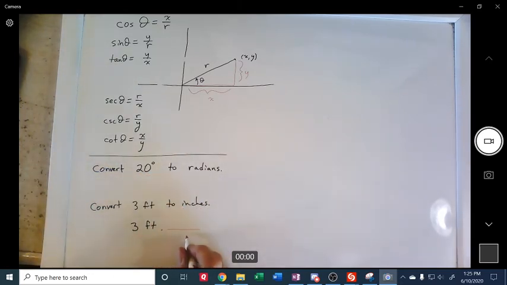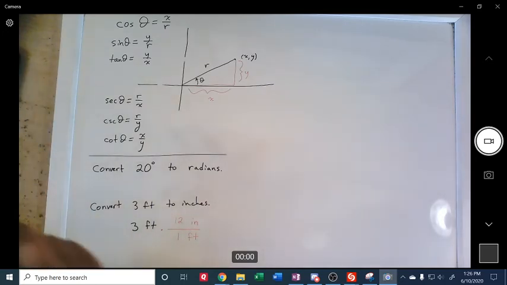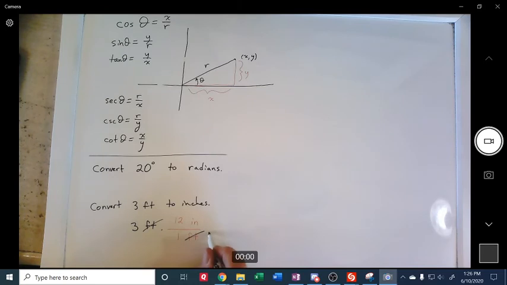I want feet to go away. And what I want it to be replaced by is inches. And then I take equivalent units. I take 1 of the bigger one and 12 of the smaller one. It's not always 1, but just something that they're equivalent amounts over here. And then what's going to happen is the feet cancel out, and I'm going to get 36 inches.